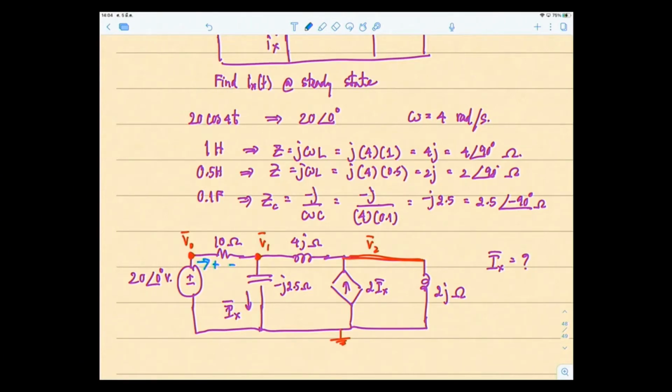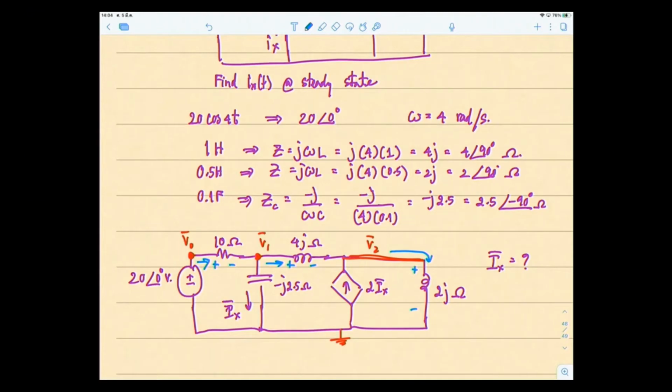The current Ix is already assigned. I'm thinking the current comes out from the 20 volt, comes here, splits to Ix, then goes here, so plus minus drops here. Then this is already assigned, coming up here, I can't do anything about it. Then I'm going out like this, so this is plus minus.